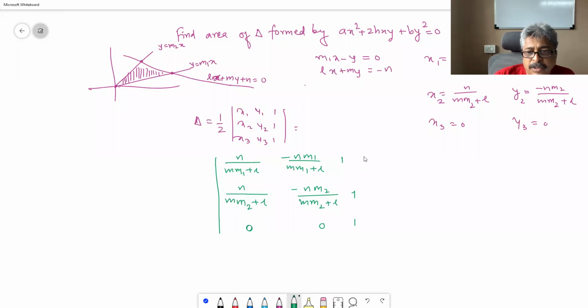This is our determinant. Half of this is equal to delta. Of course, we have to expand using the last row. Therefore, this is 3, 3, therefore positive.